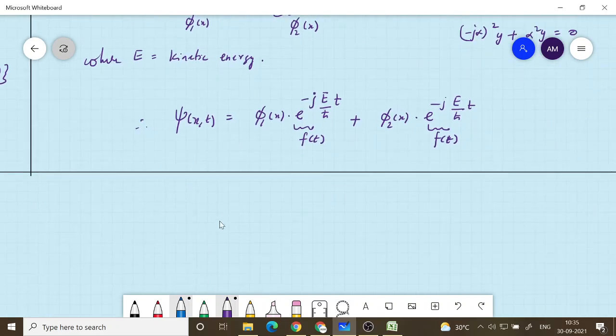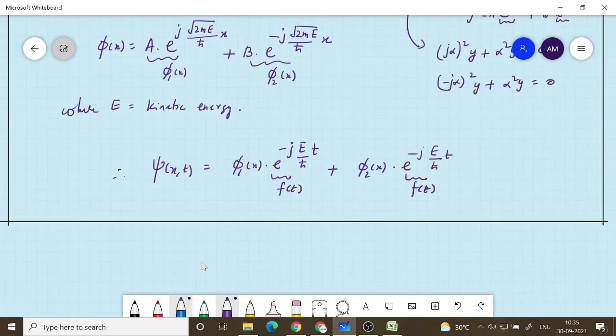Now if I substitute for phi 1 and phi 2, this is basically equal to a into e raised to j by h cut, which I will take common because it is there in both.